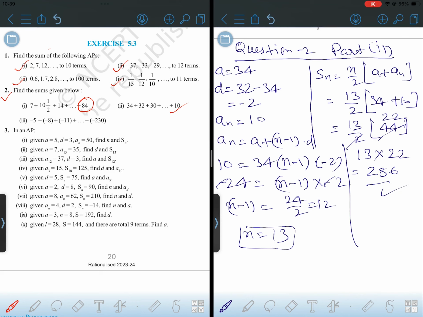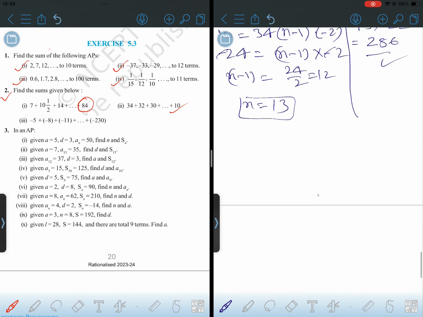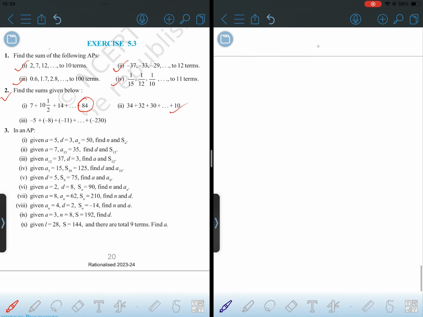So let's start part three of this question. Part three also is the same way. So question number two and part number three.